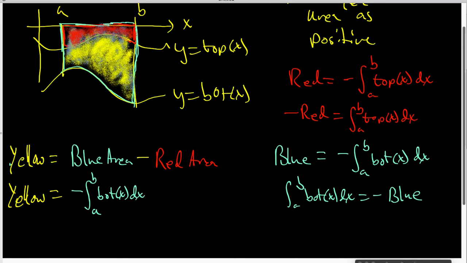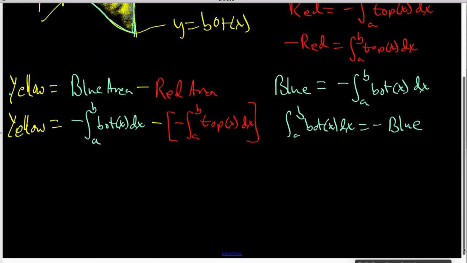And then I've got a minus sign. And now I have the red area, and I want to remind you that the red area is also an integral with a minus sign in front of it. And so when I plug in the formula for the red area, I have minus the integral between a and b of top dx. Now, we need to do a little bit of simplification.